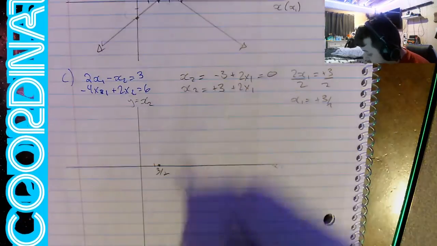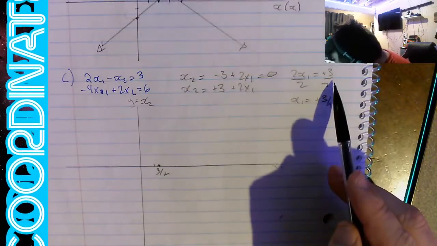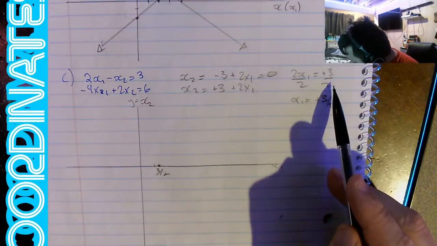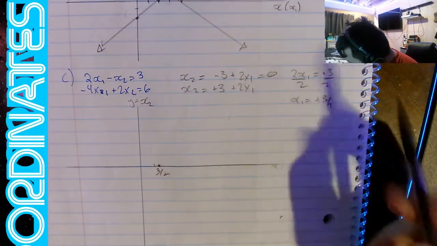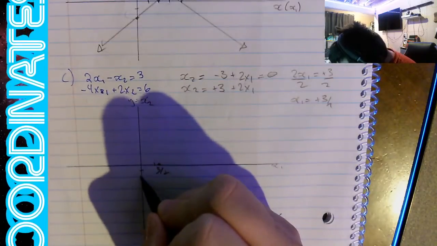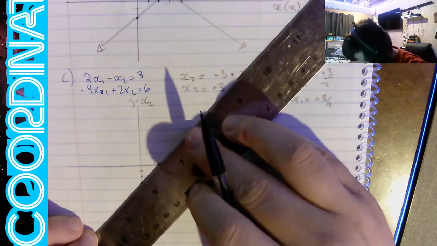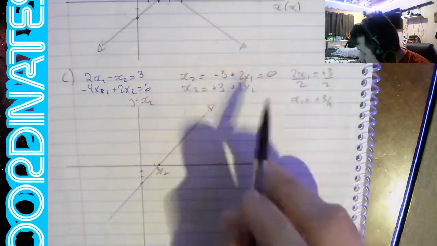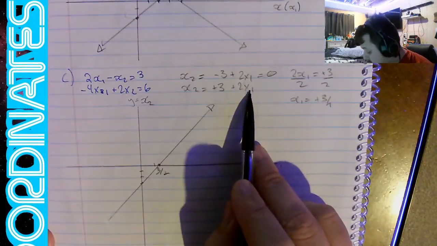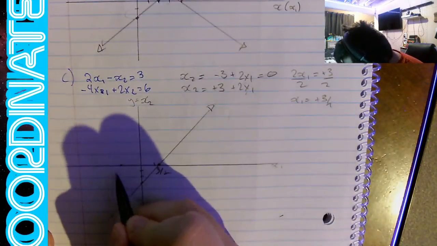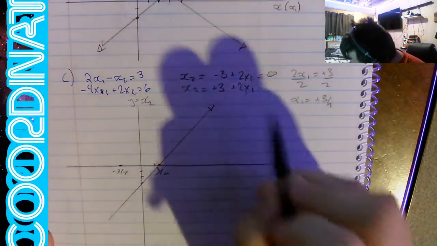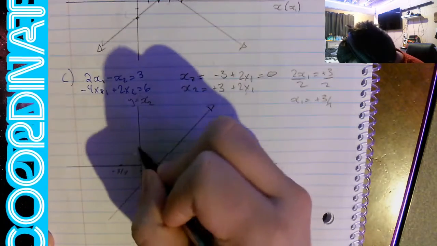And then when x1 is 0, it's going to be negative 3. So 1, 2, 3. And then we draw that line. This is going to be the same thing, except it's negative 3 over 2 on this side, and a positive 3. 1, 2, 3.